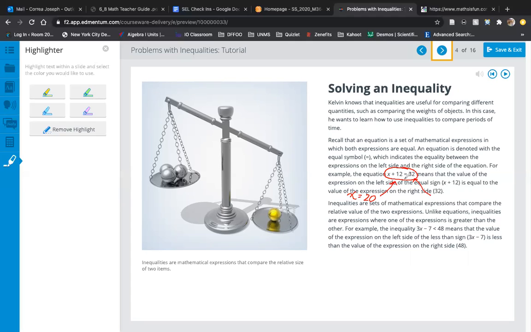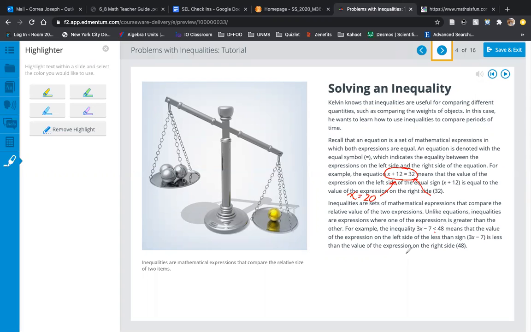It's about the same thing when we see inequalities, except we're trying to figure out, again, what makes it true, and usually with inequalities, you do have multiple results. So in this case here, it says 3x minus 7 is less than, that's how I read this symbol, it's pointing that way, less than 48. So this here is, again, an example of an inequality, right?